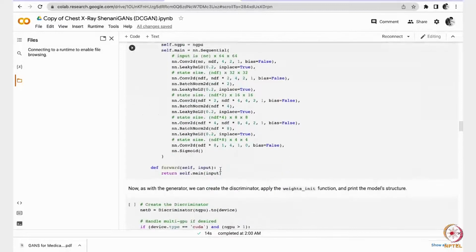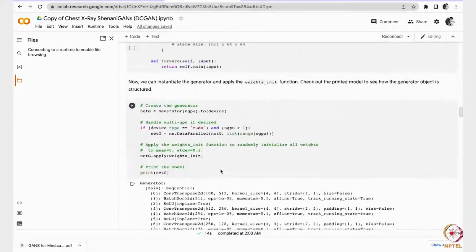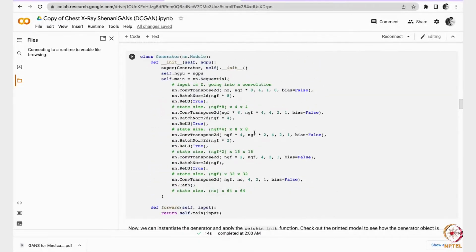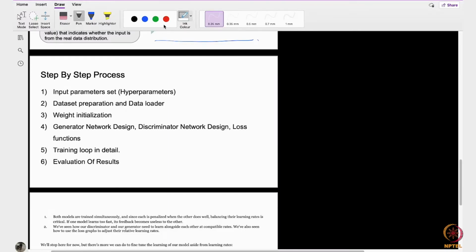Just as a basic idea, the discriminator has been designed like this. Similarly, the generator has been designed according to the 5 rules framed by the authors in the DCGAN paper. Now let us see what exactly we are going to discuss later on.